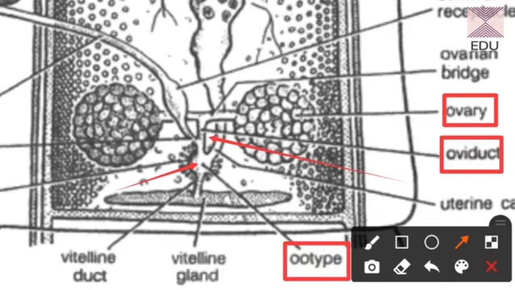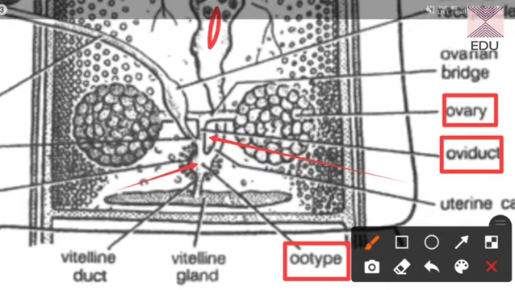If you can see, this structure is the uterus. So the uterus is also received by this chamber. The third thing which is received by this chamber is the vitelline duct. If you can see this duct, this is the vitelline duct, and it is coming from the lower side. I'll be taking up this duct later on.